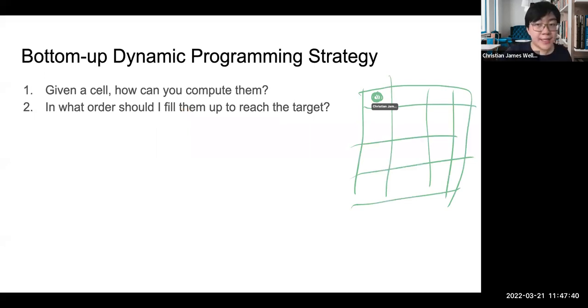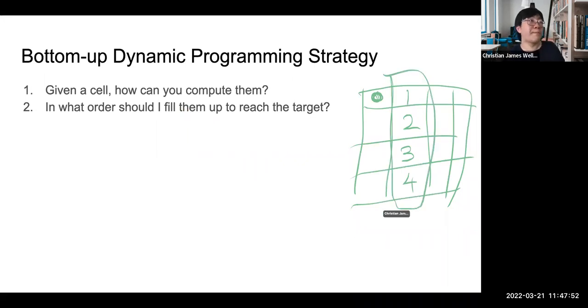How do I compute it? Which table entries should I relate it to? Should I relate it with this 1 and 2, or maybe the entire 1, 2, 3, 4? That is the purpose of figuring out the relation in the first place. And take note, the ordering is also important, because we want to fill up in a certain order.